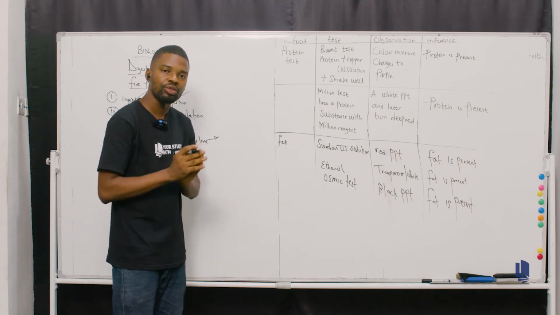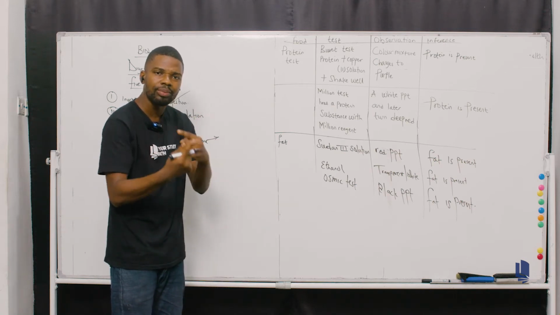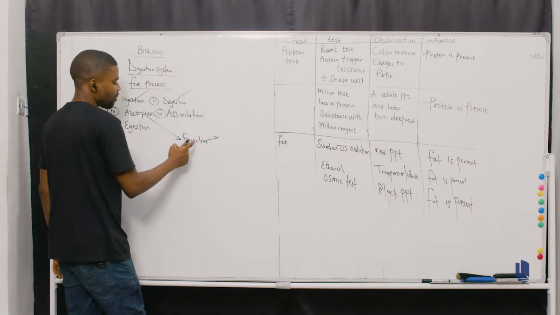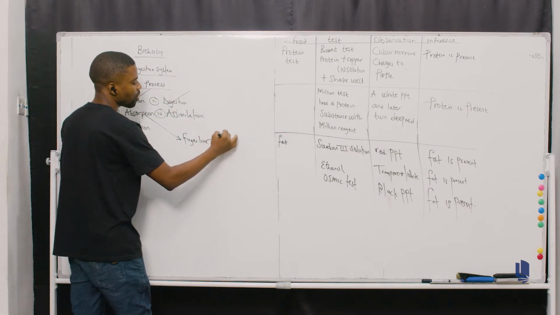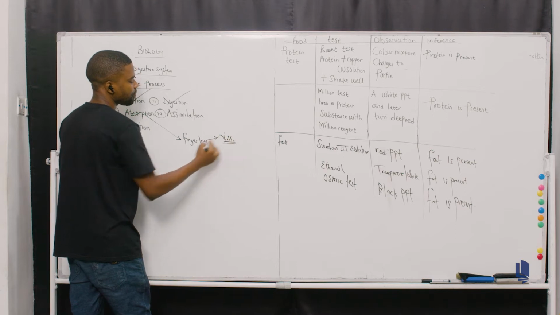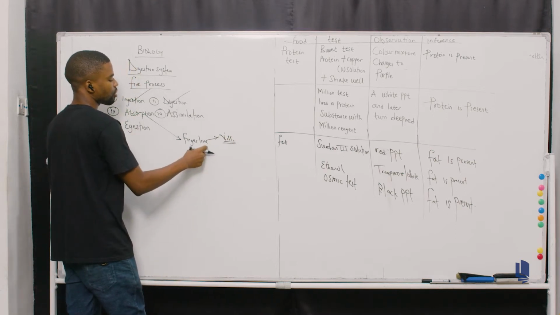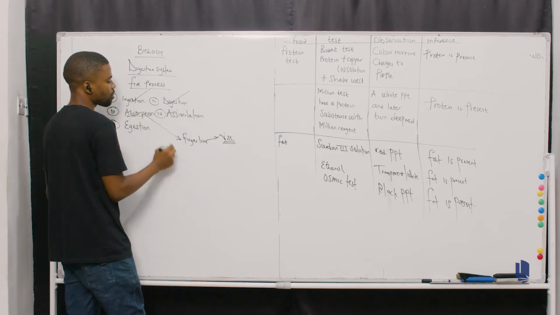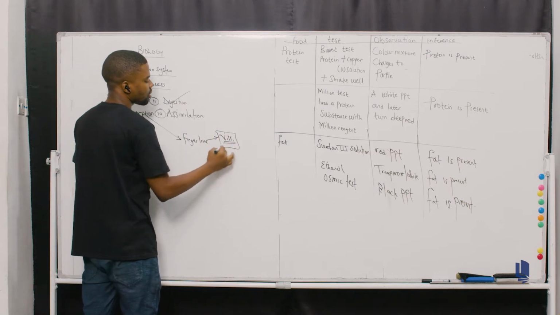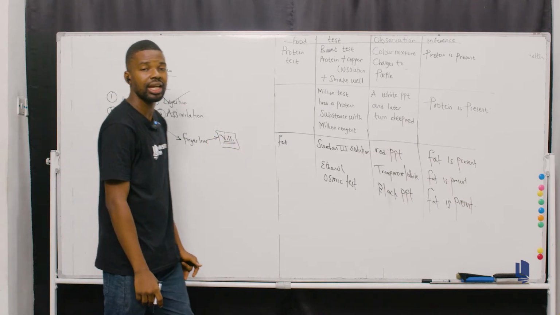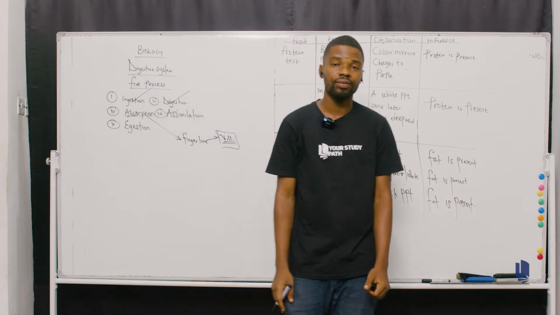It will increase the rate of absorption. They ask this question: a finger-like structure that increases the rate of absorption. The answer is called what now? Villi. A finger-like structure that increases the rate of absorption, the answer is called villi. Are we together now?